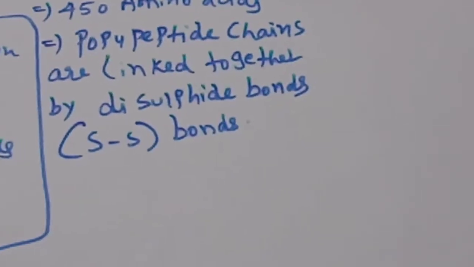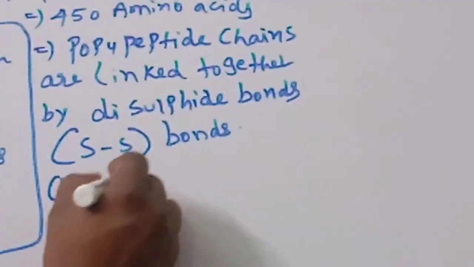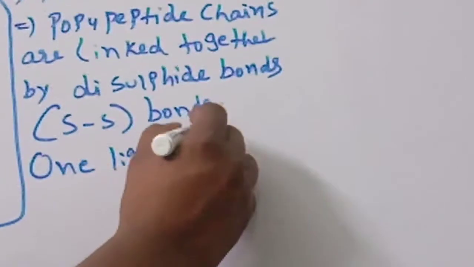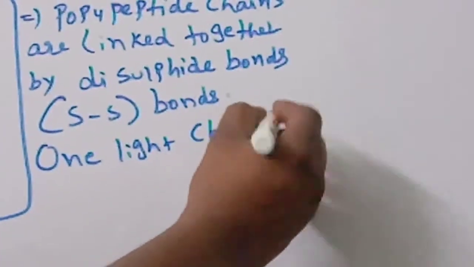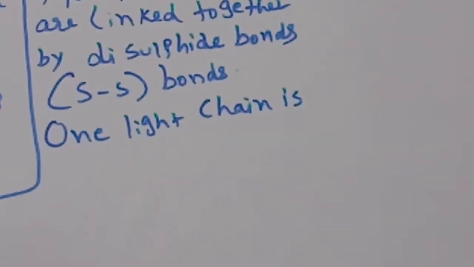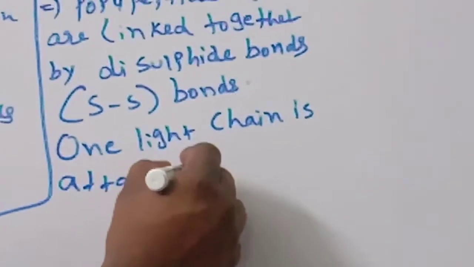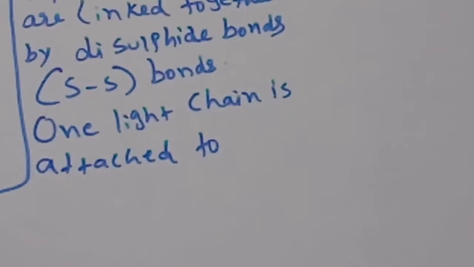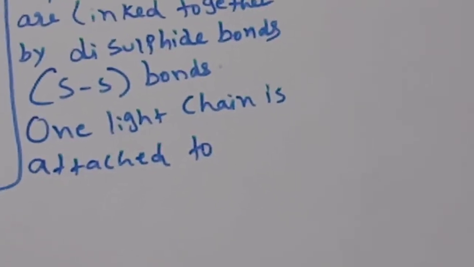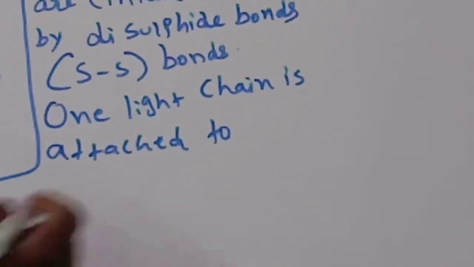Next, one light chain is attached to each heavy chain.